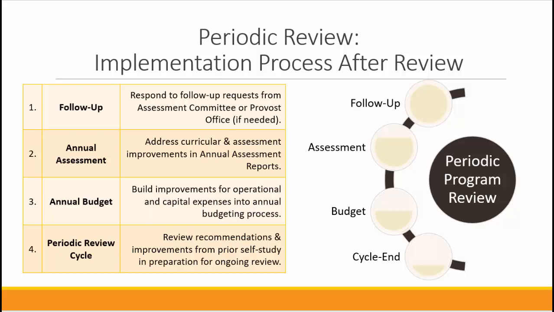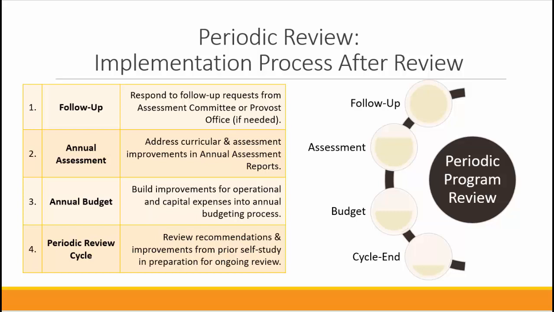Then in the ensuing years, you should be following up on the strategic vision that you suggested in the PPR opening section and recommendations for curricular changes or resource shifts. Anything that requires additional expenses in terms of resources should be folded into the annual budgeting process.